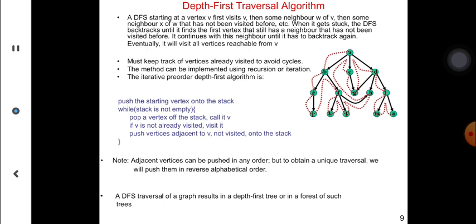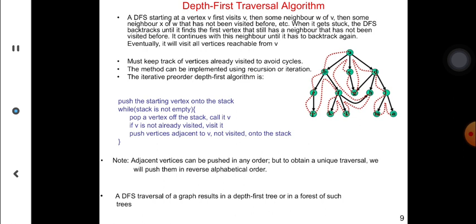You must keep track of vertices directly attached to the neighboring vertex, and also vertices which are already visited, to avoid cycles. You really have to avoid cycles when you are doing depth first traversal.